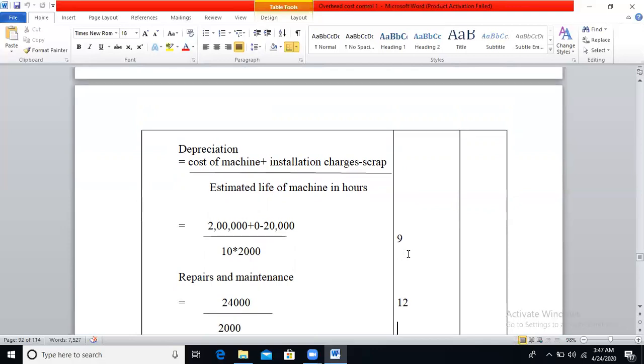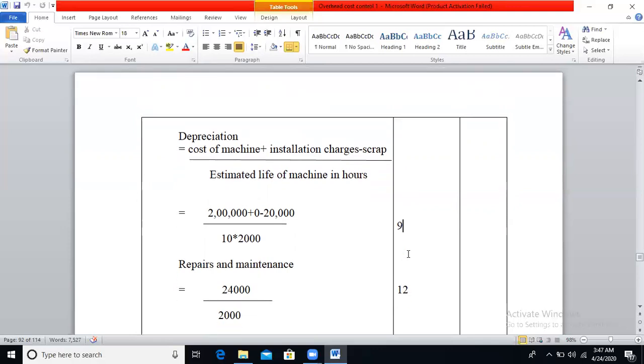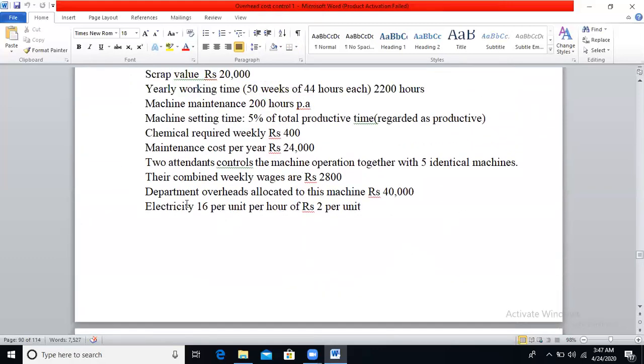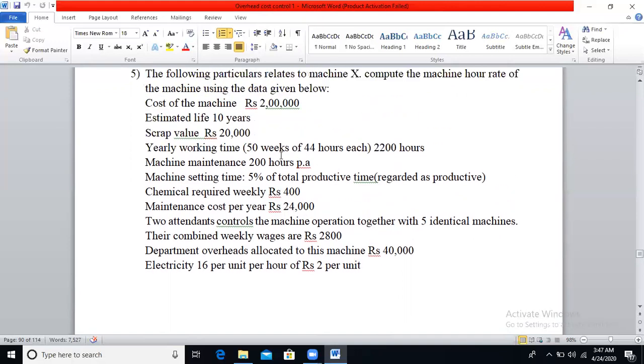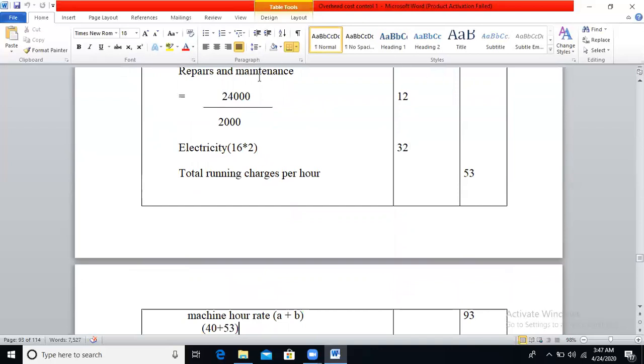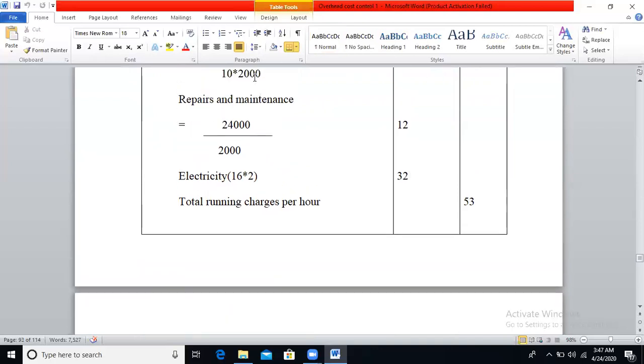Then repairs and maintenance. See here, if they have given maintenance cost per year as 24,000, how many working hours for a year have we calculated? 2,000 hours. Then the repairs value will be 24,000 divided by 2,000.